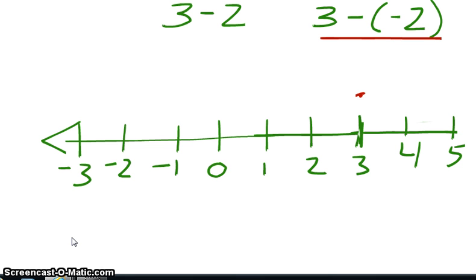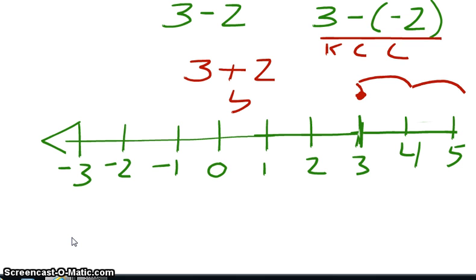Again, we would start at 3, but remember what I said. Once we start, we see that it's minus negative. We want to reverse our direction, and we're going to move 2 spaces to the right. So 3 minus negative 2, if we apply keep, change, becomes 3 plus 2, which is 5, which is the same thing we got on our number line right there.